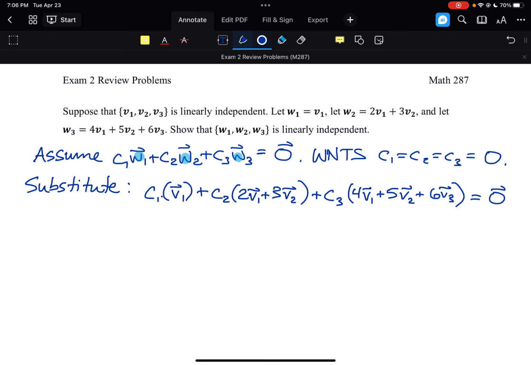Now, algebraically, what we can do is distribute these constants to each of the vectors and regroup by vector. So I want to group all of the v1s together, and then group all the v2s together, and all the v3s together.